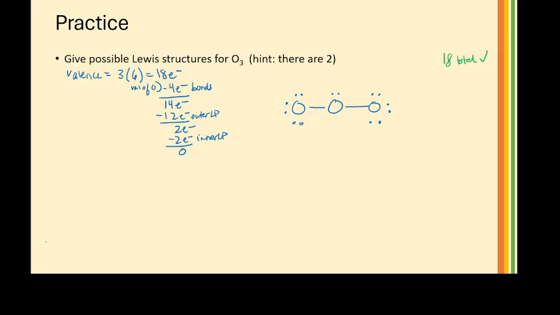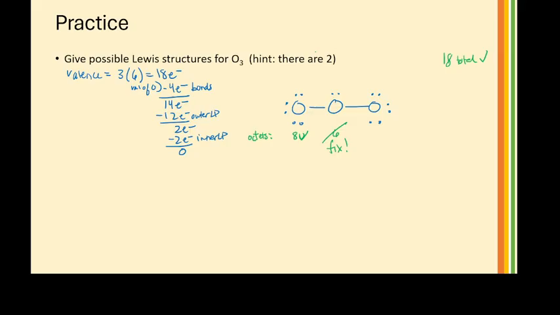The next thing I want to check is octets. 2, 4, 6, 8. The left oxygen looks good. In the center I have 2, 4, 6. That is not okay. All atoms have to have octets. This is not going to work.